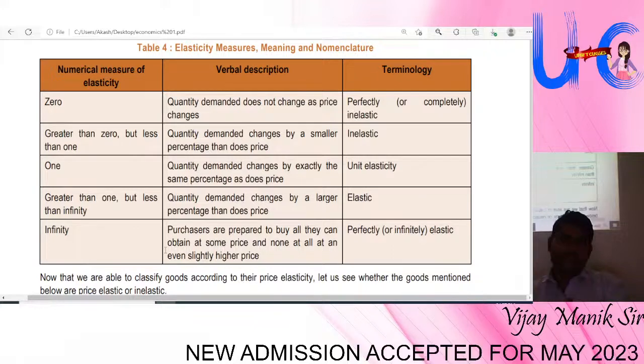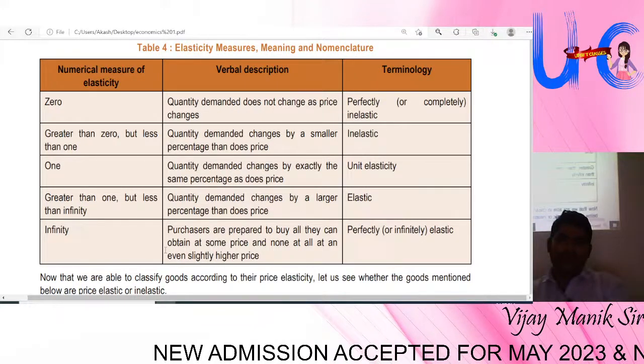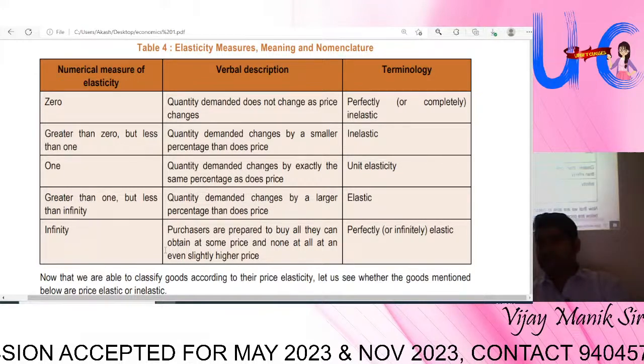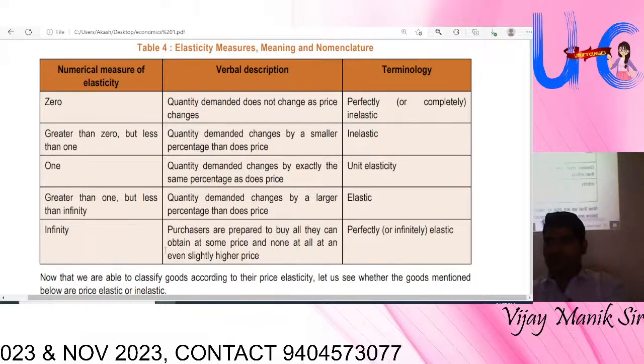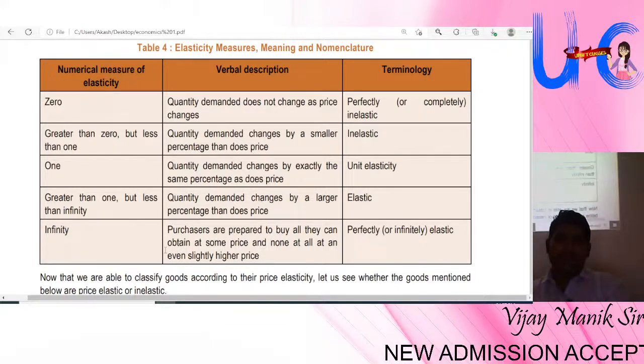Quantity demanded changes by a smaller percentage than does price. What is 1 or unit elasticity? Quantity demanded changes by exactly the same percentage as does price. Okay, greater than 1 but less than infinity, then it is called elastic. Why? Because quantity demanded changes by a larger percentage than does price.